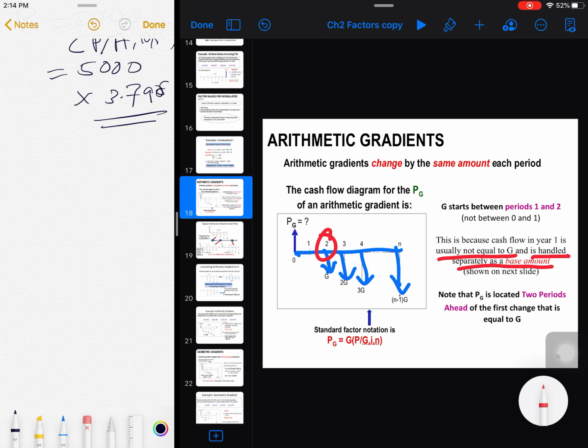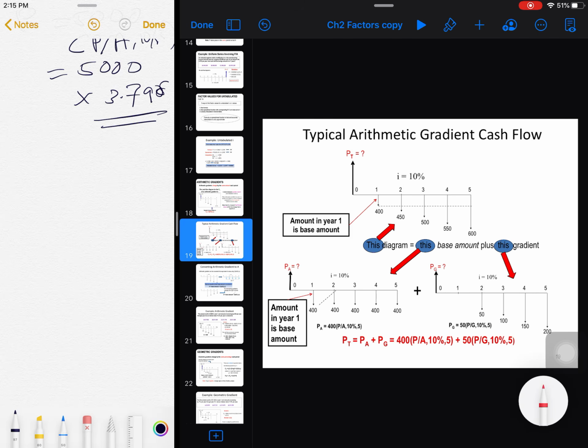Note that PG is located 2 periods ahead of the first change that is equal to G. PG must be 2 periods ahead, to the left, of the first G. Must be 2 periods. That's the terms and conditions if you want to calculate arithmetic gradient.